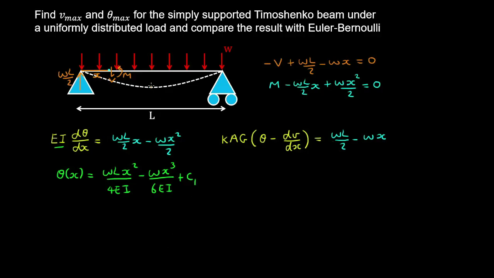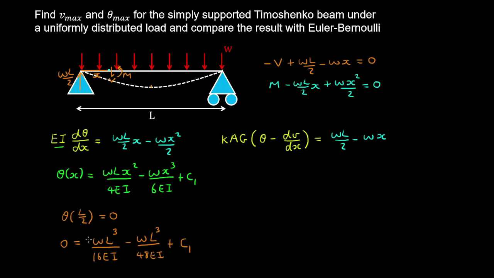And by symmetry, we know that the bending angle at halfway in the beam is 0, so that gives 0 is wL by L on 2 squared, so that would be wL cubed on 4 by 4, which is 16 EI, and then minus w L on 2 cubed, so 2 cubed is 8 by 6 is 48, and then plus the constant of integration.